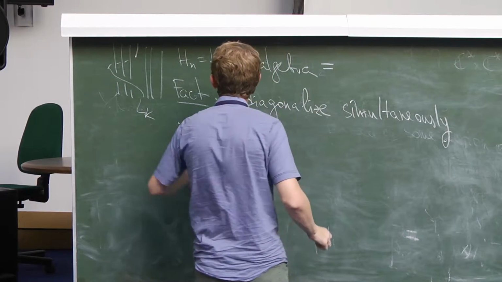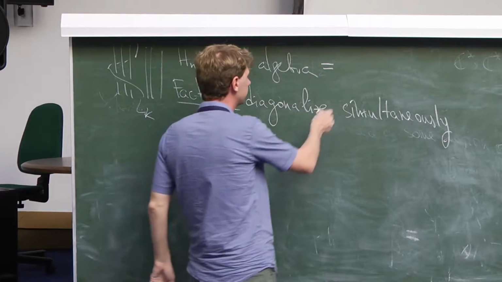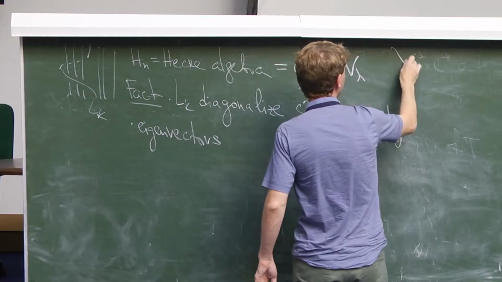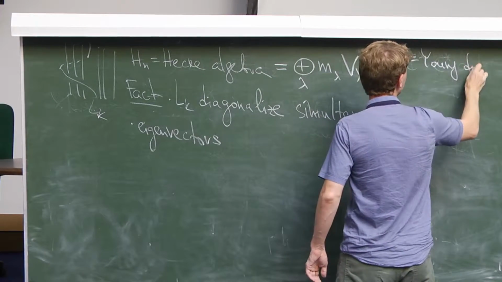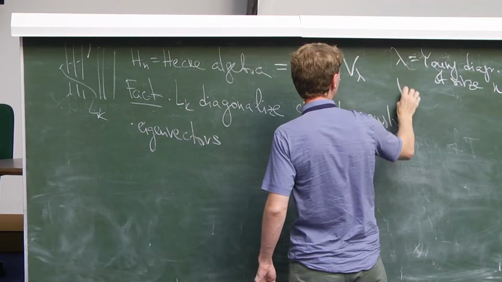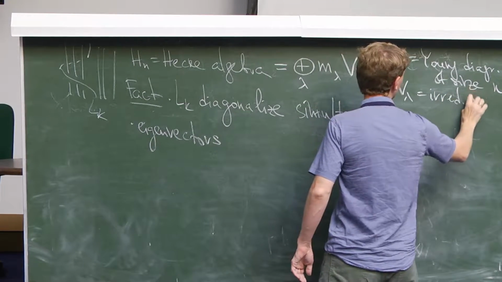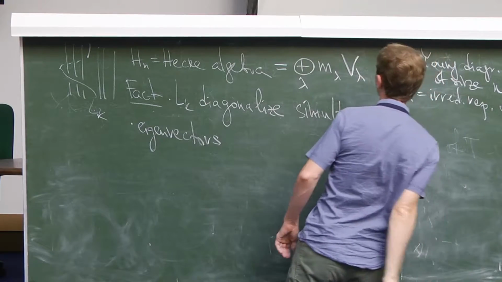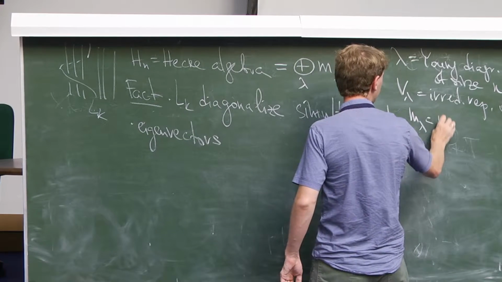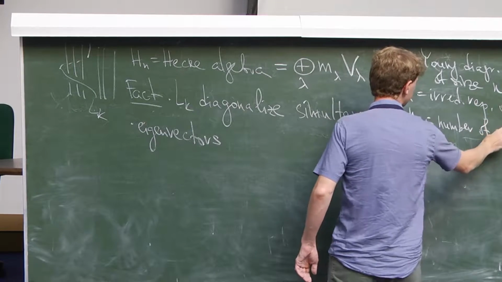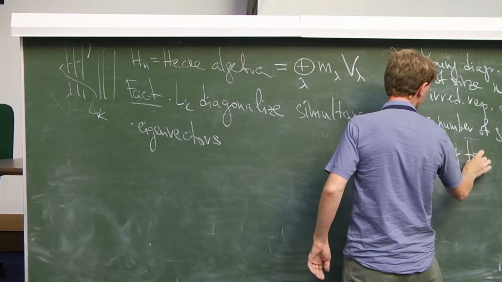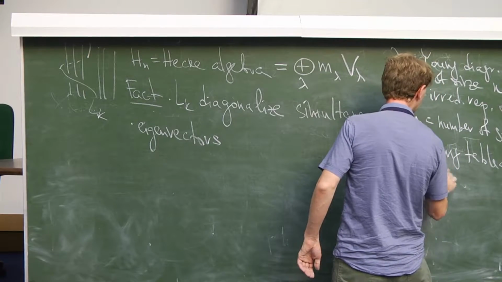So let me say this. We know that this is a q-deformation of the group algebra of symmetric groups. In particular, it is a direct sum of M_lambda times V_lambda, where lambda is a Young diagram of size n, and V_lambda is an irreducible representation of H_n, with some multiplicity M_lambda. M_lambda is in fact the number of standard Young tableaux of shape lambda.